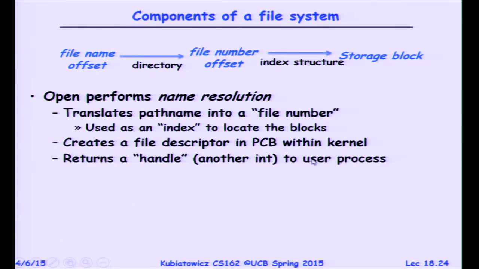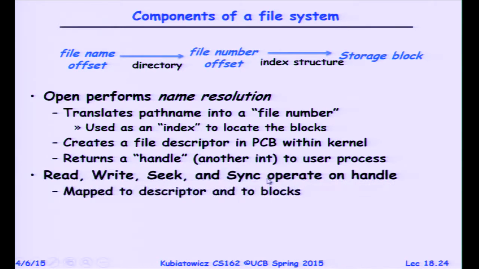That integer the user process gets is per process, but it maps into file descriptors internally, which are the actual thing the operating system's tracking. And then read, write, seek, sync, all of these things are going to operate on that handle.